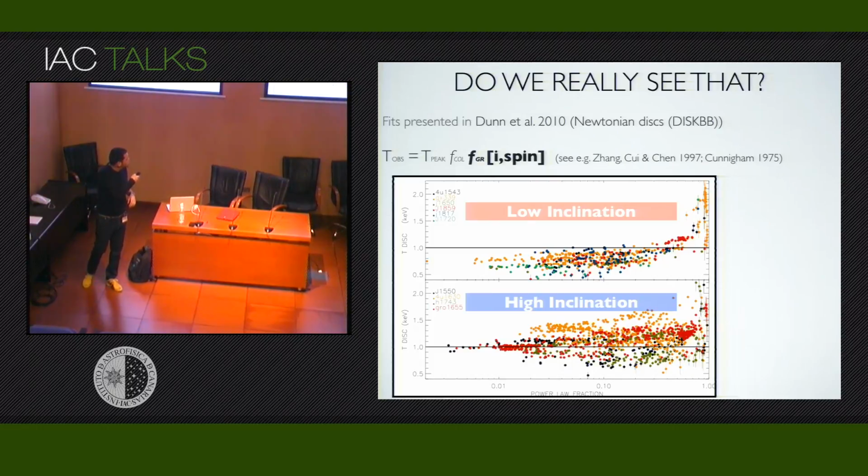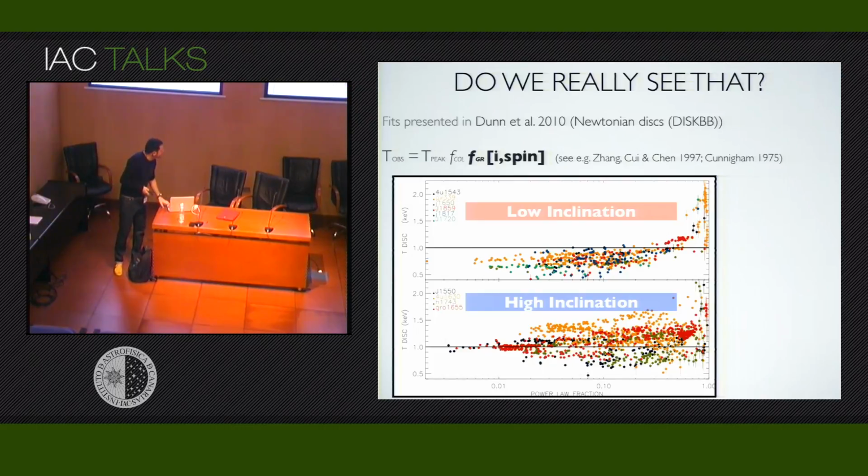So in order to have the real temperature, we should correct them by a few terms, one of them depending, as we saw before, on general relativity. In particular, it depends on the inclination and on the spin. We can actually apply these terms that are tabulated in papers from the 70s. So this is very well-known physics.